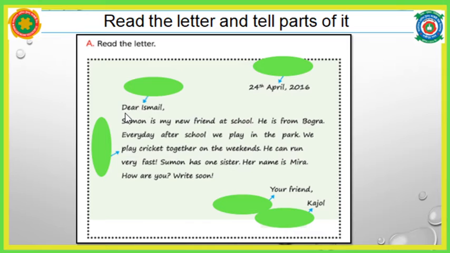You have to write "Dear," followed by a name, that means your friend's name. Then the third part is the body of the letter, and last is the closing, and finally you have to give your signature. So you can see here, there are 6 parts in a letter.